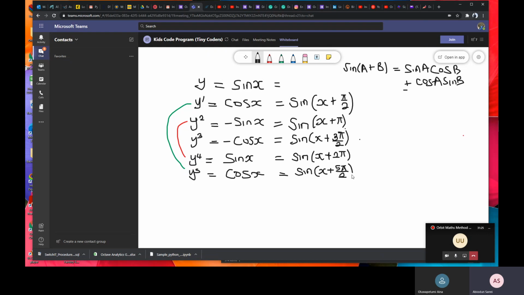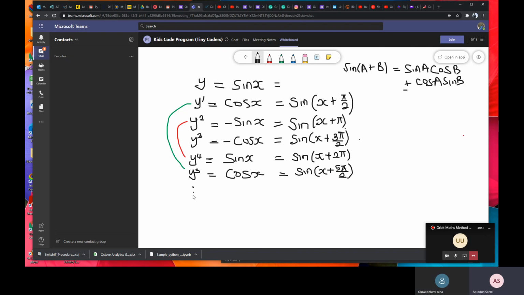So in general, for the first derivative, I have x plus 1 pi over 2. At the second derivative, I have sine of x plus 2 pi over 2, which is pi. At this junction, I have sine of x plus 3 pi over 2. Here, I have x plus 4 pi over 2, at the fourth derivative. At the fifth derivative, I have x plus 5 pi over 2.